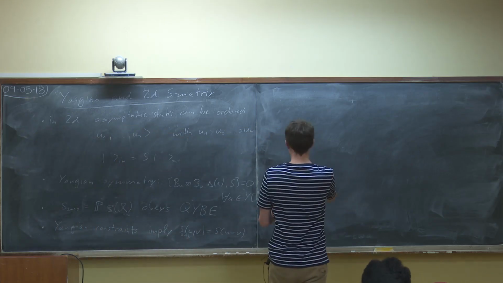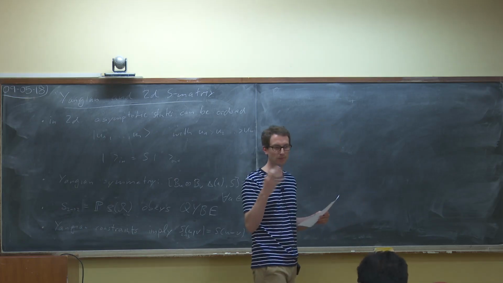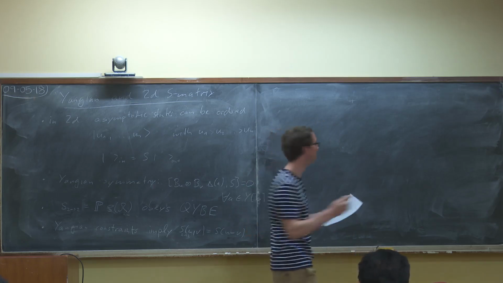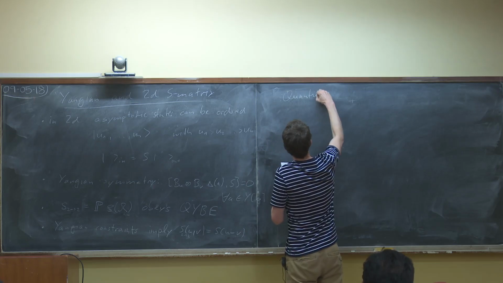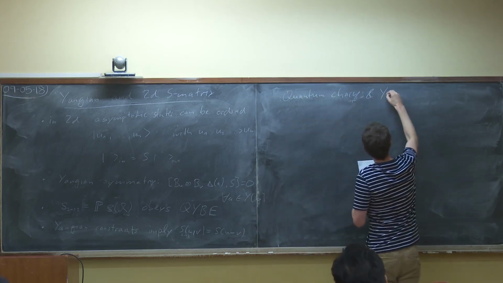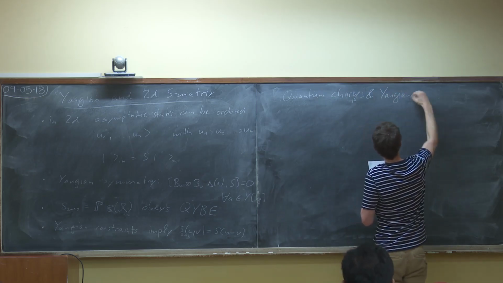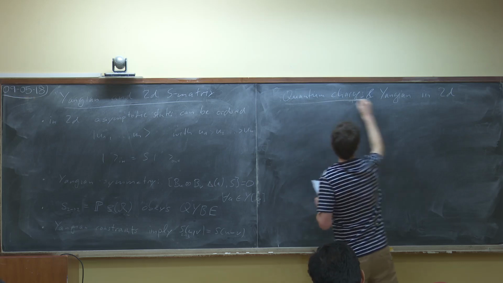Actually, this is what I quickly want to comment on, how to make the connection again to the field theory. So how about quantum charges and the Yangian in 2D?